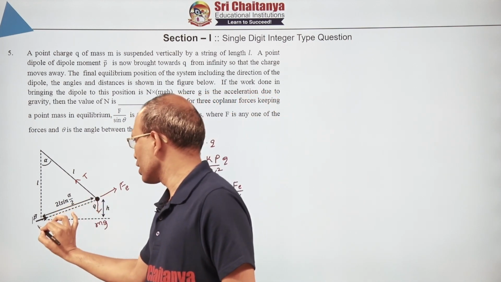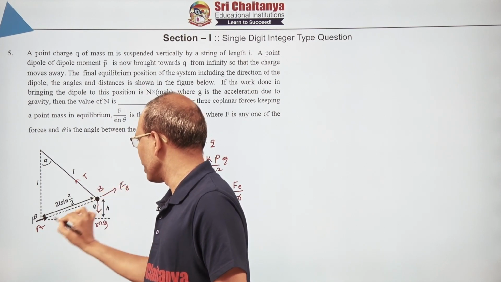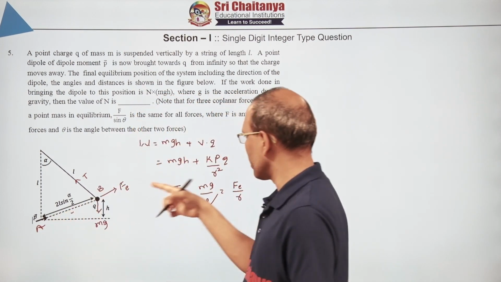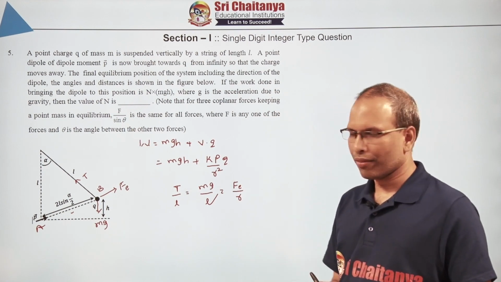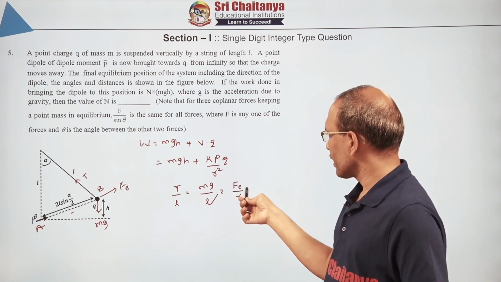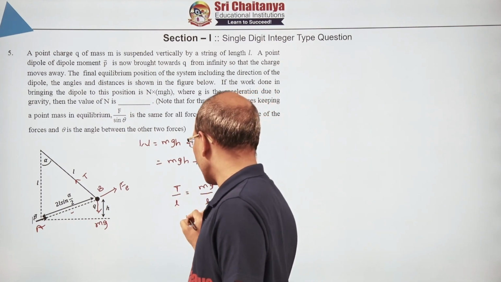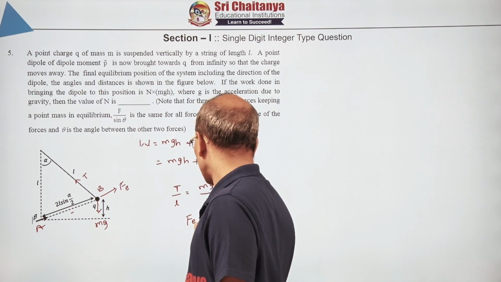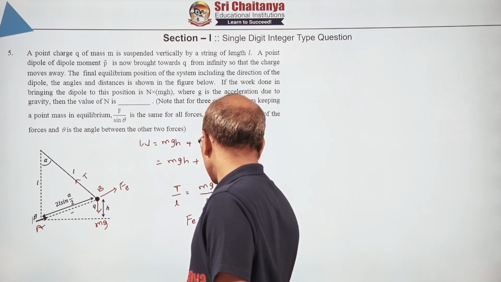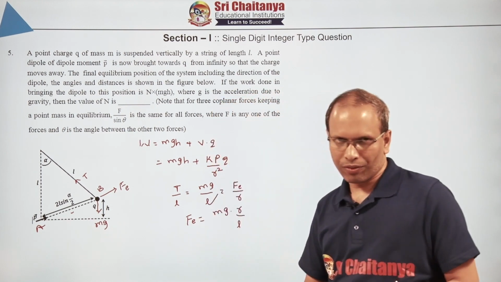Let the distance between this point A and this point B be r. Let AB be r. Then this is Fe by r. Now we want to get the relation between these two. So if we get the relation between Fe and mg, we get Fe is equal to mg into r by L. This is Fe.